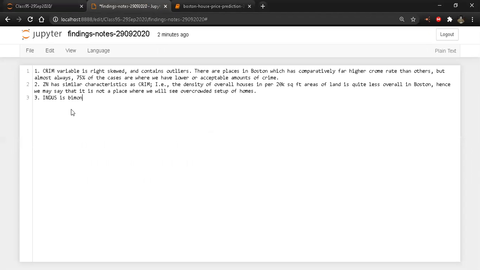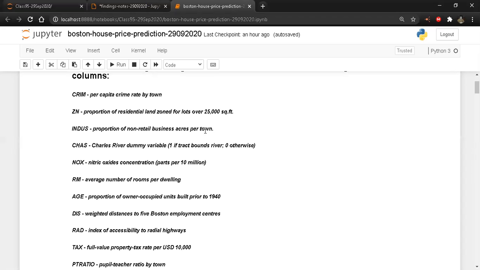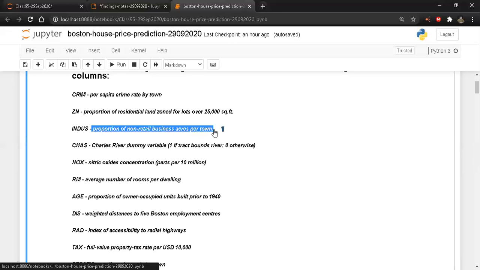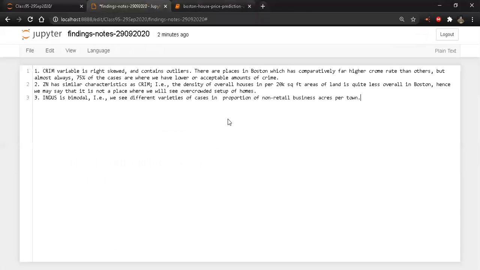That is, we see different varieties of cases in the proportion of non-retail business acres per town.